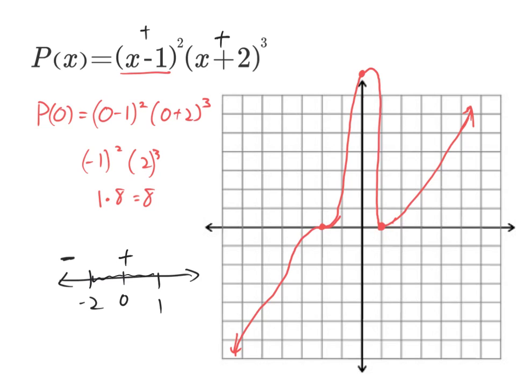Then if I check something bigger than 1, like 2, I get 2 minus 1, which is 1. 1 squared is positive. 2 plus 2 is 4. 4 cubed is also positive, so this will stay positive. So what this says is that from here to here, it's going to be below the x-axis, and from here to here, it's going to be above. And it is above.